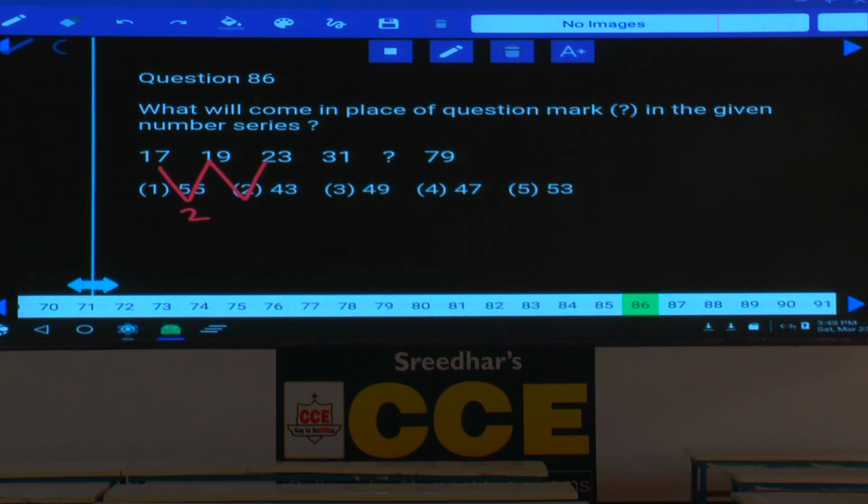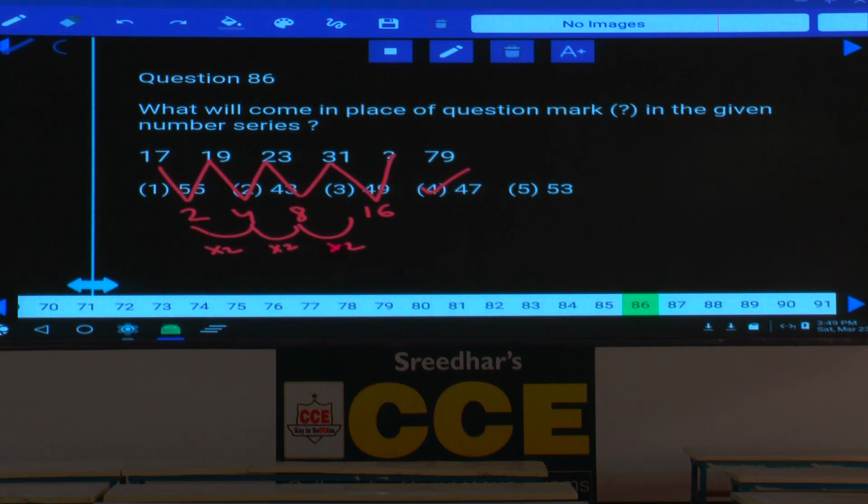Here the difference is 4, and for 23 and 31 the difference is 8. 2, 4 and 8: 2 into 2 is 4, 4 into 2 is 8, 8 into 2 is 16. And 31 plus 16 should be added. If you add 16, it is 47, that is choice 4.